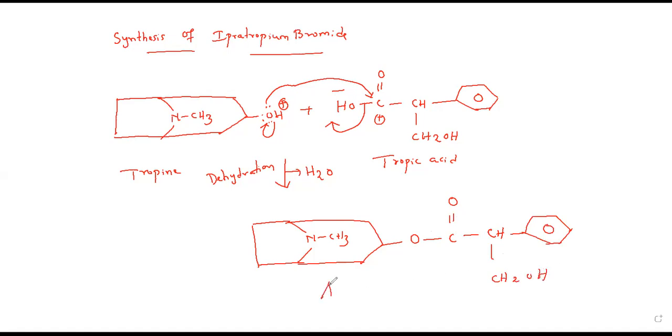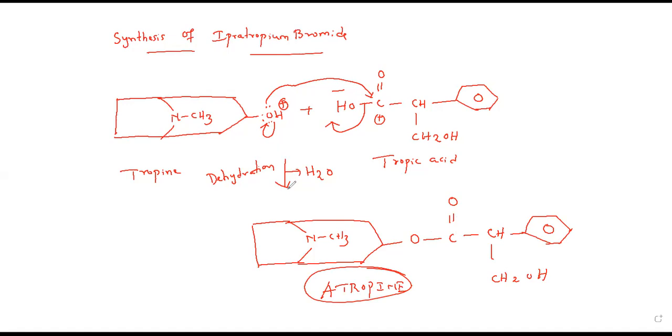This structure you can call atropine. So if you want to synthesize ipratropium bromide, first we need to synthesize atropine. From atropine, you can prepare ipratropium bromide by reacting with isopropyl bromide.